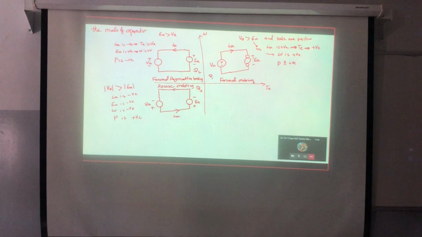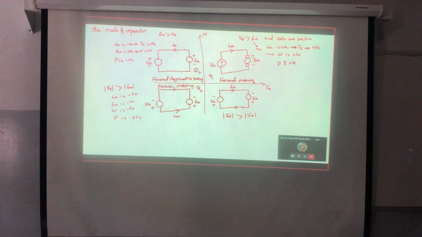Now let's see the last quadrant here, the same configuration, except that the back EMF as absolute value is greater than the absolute value of the input voltage. And here I will assume that the back EMF as absolute value is greater than the VA. So now the current will flow from the high potential to the low potential. So now the current is positive.